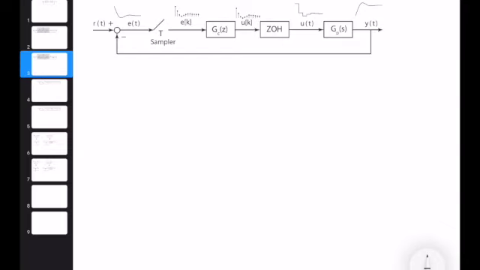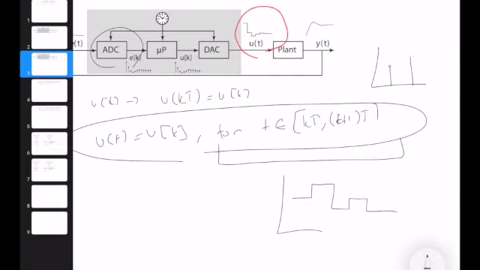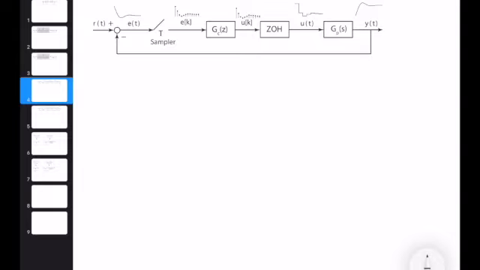This is the big picture of this course. Now it's a discrete time course, and instead of using ADCs and other things, we will use mathematical terms. So G_P(s) is the transfer function of the plant.